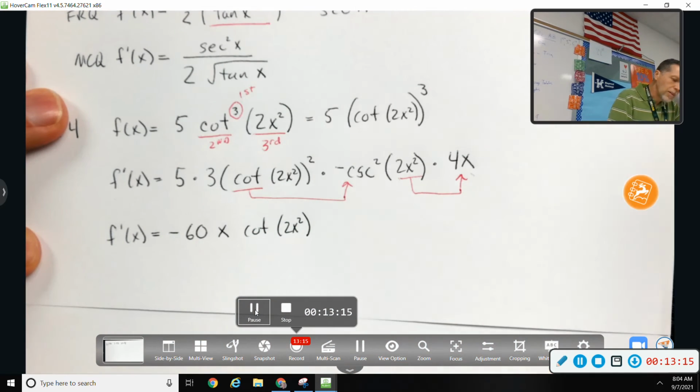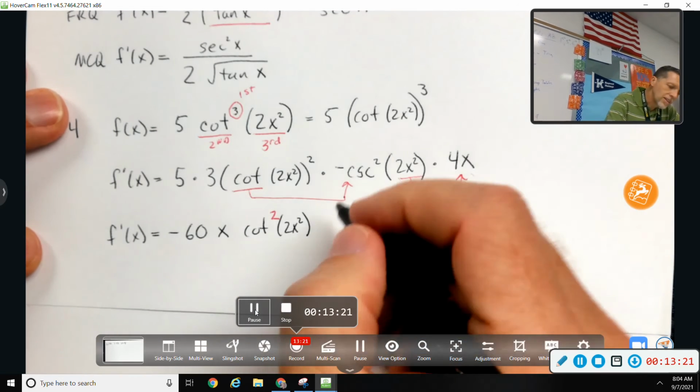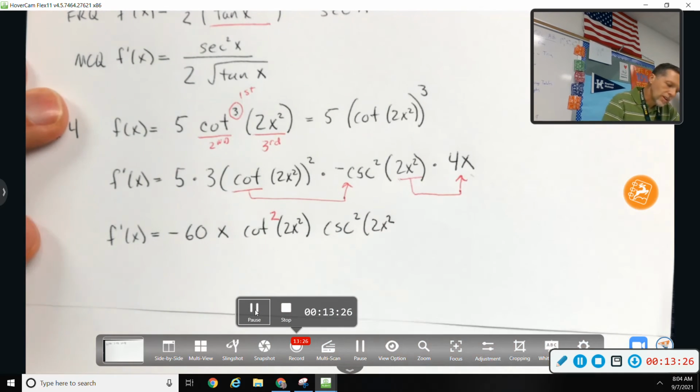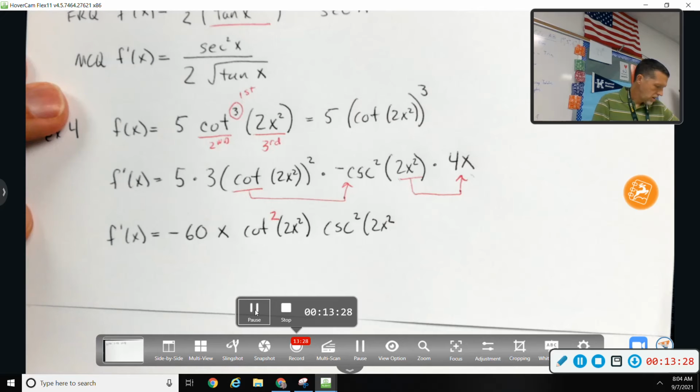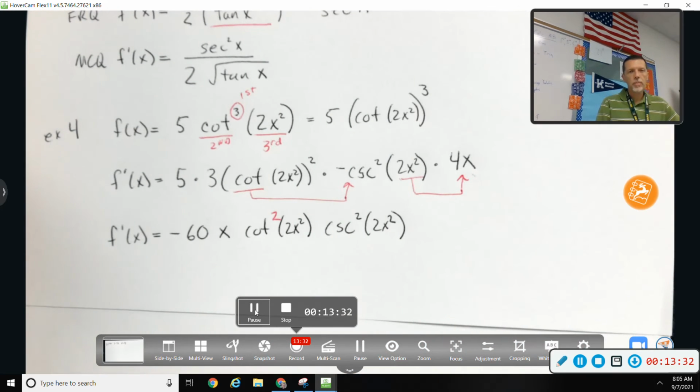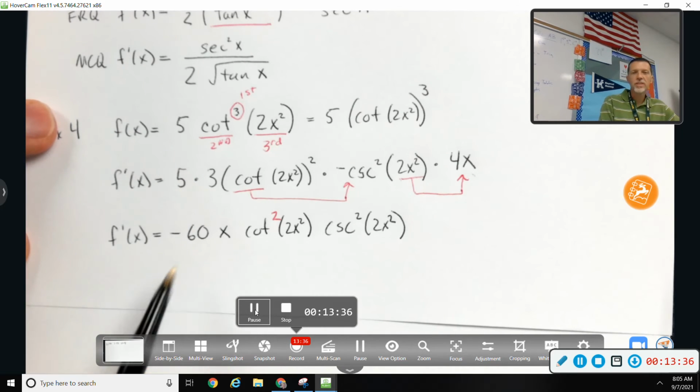I guess if I'm really being clever, I could put the 2 on the cotangent squared. So that's the fancier way to write it. Times cosecant squared of 2x squared. That's another one where getting from free response to multiple choice I don't think would be too big of a deal.